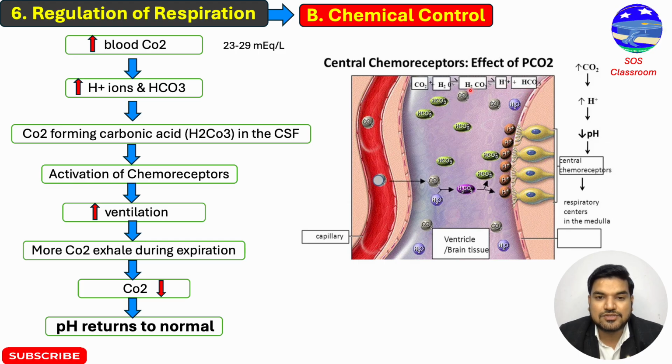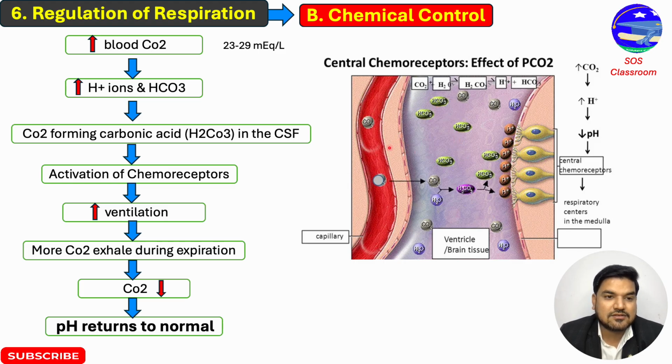H2 changes into H, and one H adds with the CO3 and forms HCO3. HCO3 is the bicarbonate ion, and this is the hydrogen ion. So there is an increase of hydrogen ions and also of bicarbonate ions. This is the chemical process that occurs inside the cerebrospinal fluid.